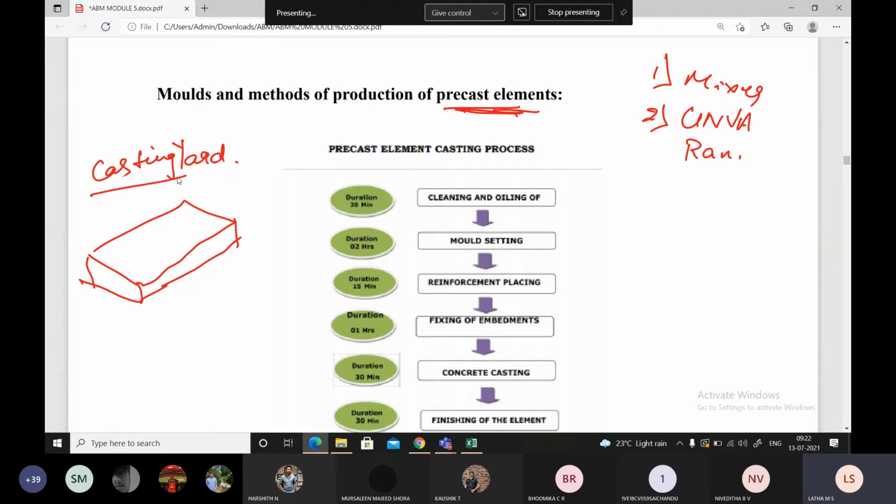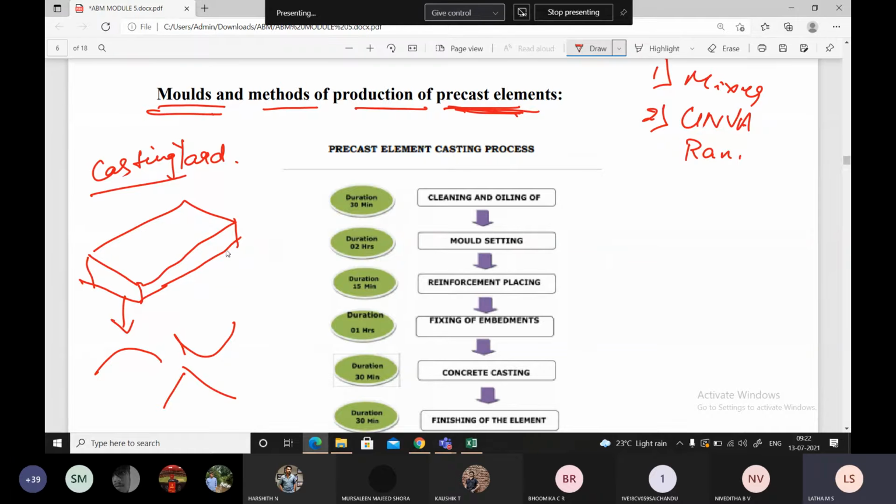But do you think every time only the rectangular element is in requisition? No, not at all. It varies for different conditions, different construction. The shape changes. It can be a V shape, a curve shape, or a triangular shape. Any shape you may require for the construction. Therefore, you require a mold for it, and there are different methods of construction for the production of precast elements.